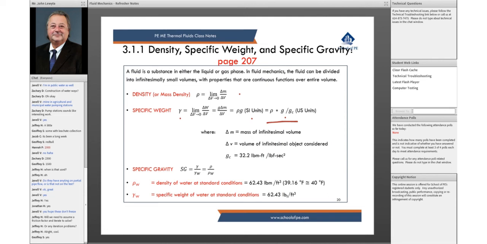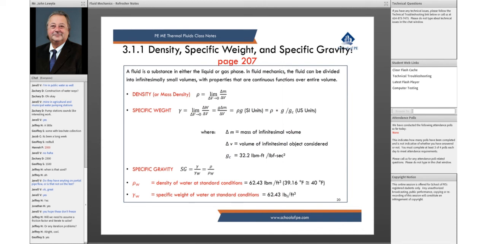What you end up having for US units is G over G sub C. And the whole point on that one is to convert pound mass to pound force. That's really what that's all about. So G sub C essentially is 32.2, which is what G is, right? And it really does the conversions from pound mass to pound force. So anybody needs a little help on that, I got a handout that goes into it in a little more detail.